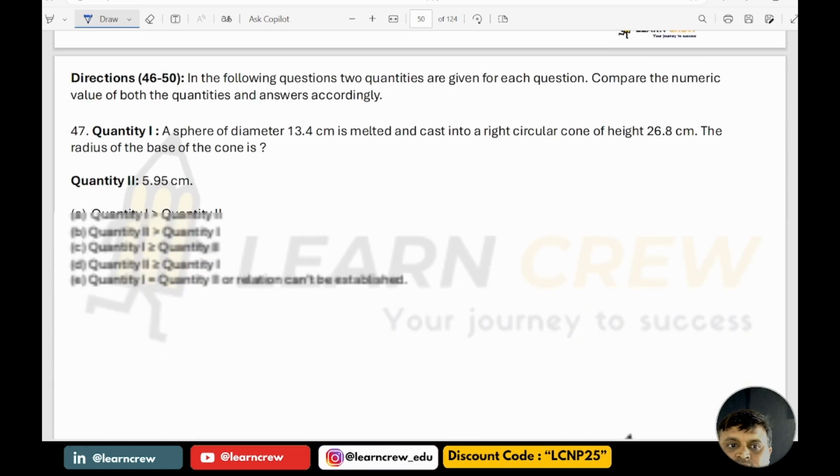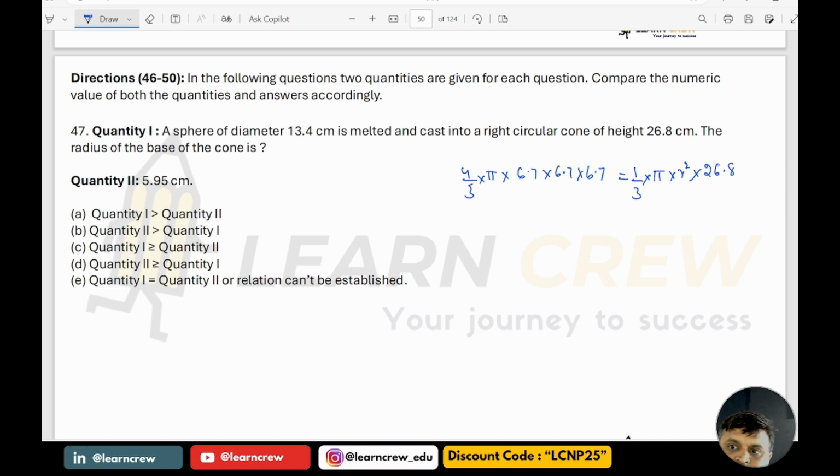Next, 47. A sphere of diameter 13.4 is melted and cast into a right circular cone. So 4 by 3 pi r cube. Diameter 13.4, thereby radius 6.7, is melted in the form of a right circular cone, 1/3 pi r square into cone height, which is 26.8.